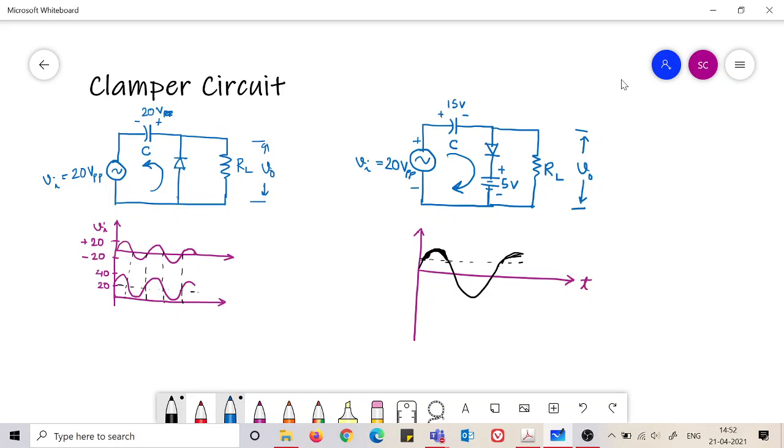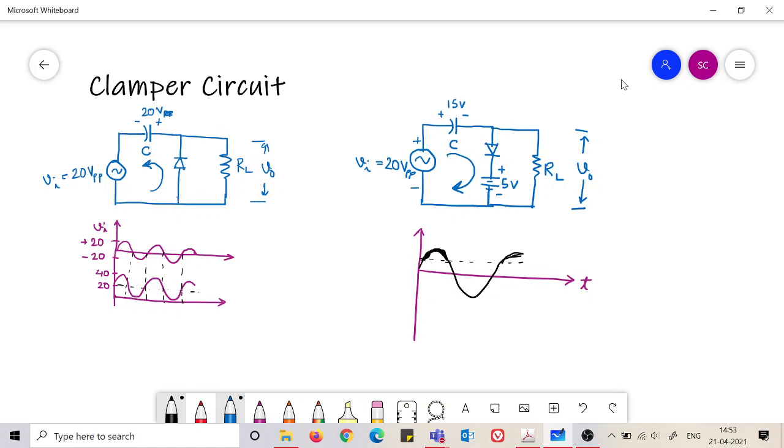From now on the diode becomes off. So what would be the voltage V0 after this instant? Following this instant, the voltage V0 would be this voltage and this voltage added together. So this is Vi minus 15 volts.